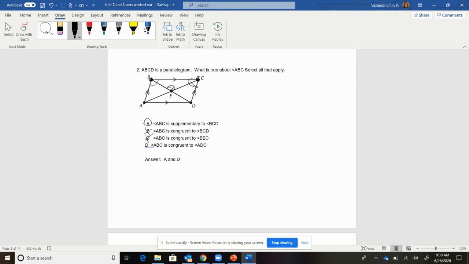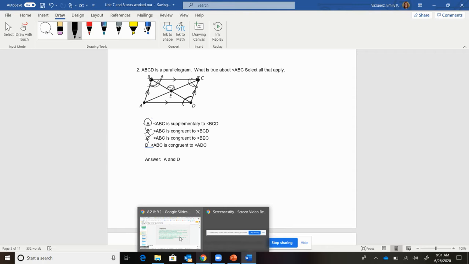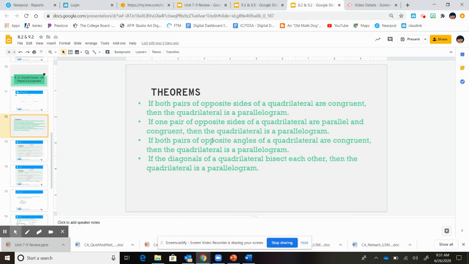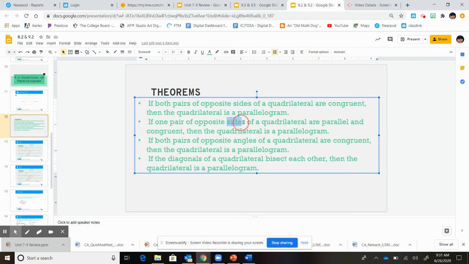Okay, lastly, angle ABC is congruent to ADC. So these are opposite angles, right? So let's see. I would look at my notes again, and I would check to see if there's anything about opposite angles. So I'm just kind of glancing. This says sides, so I'm not going to worry about sides. Here's one about opposite angles. So see, I'm skimming through my theorems, and I'm skipping the ones that talk about sides because I don't need that.